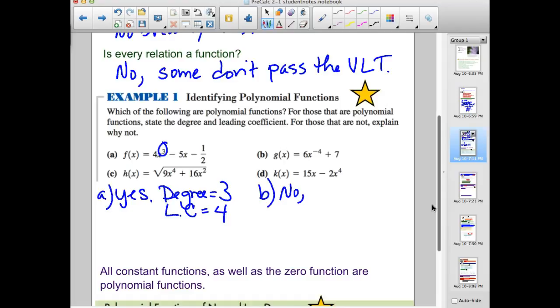Negative exponent. Remember, a negative exponent just causes it to flip upside down? So this would really be the same as saying 6 over x to the 4th. Okay? And that has a discontinuity, right? X can't be 0, so it wouldn't be a polynomial function. How about for C?